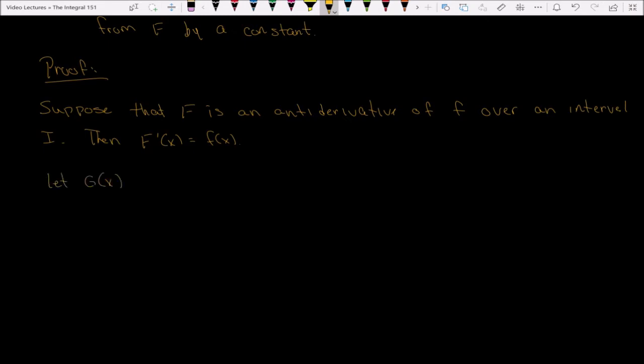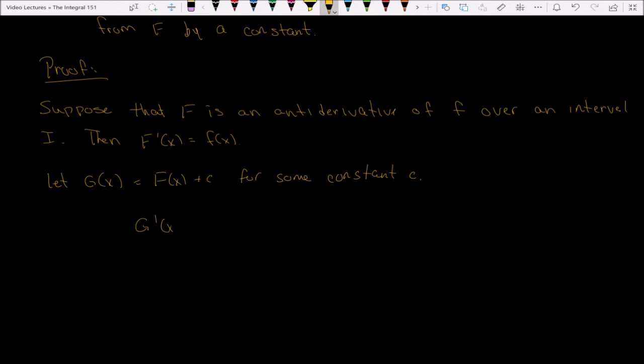Let g of x equal F of x plus c for some constant c. So all we're going to do is add a constant to this antiderivative.